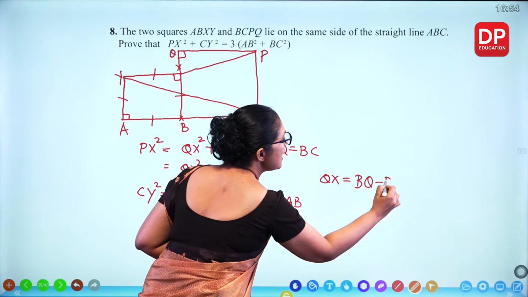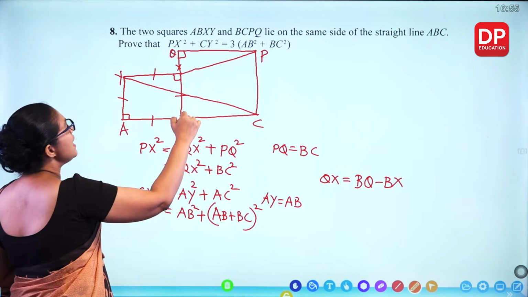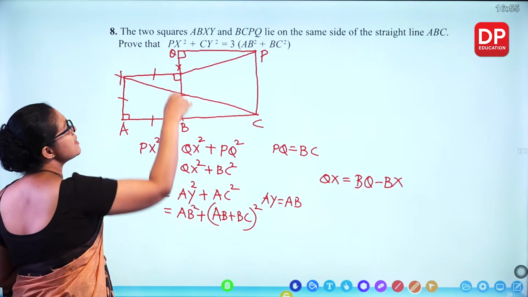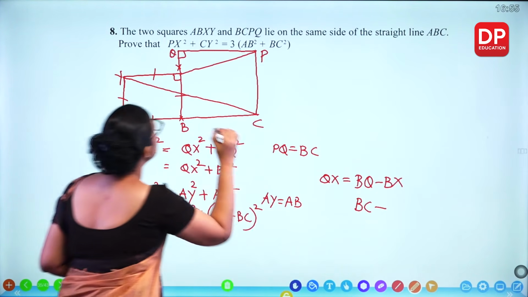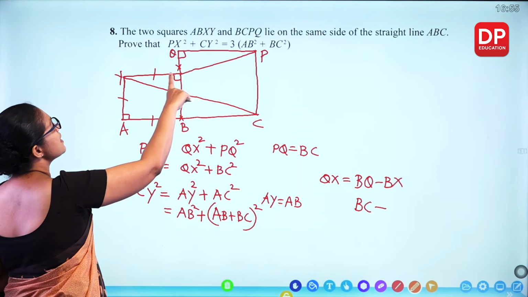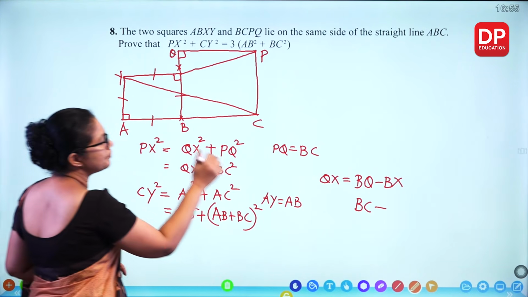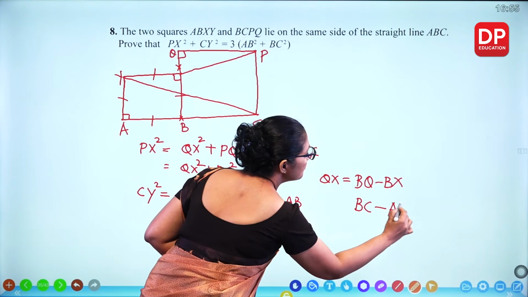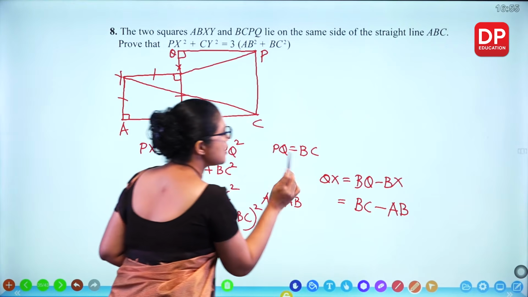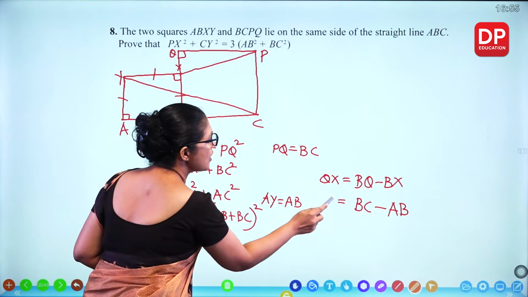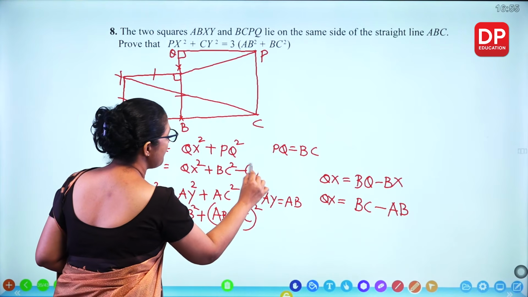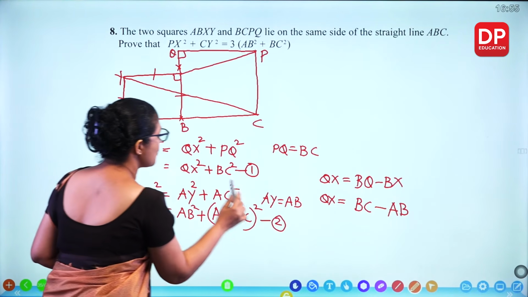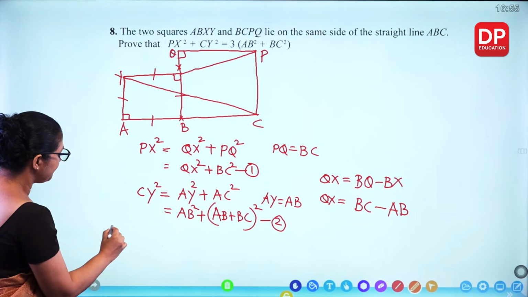I know BQ is same as BC. BX is same as AB. So I'm writing in terms of BC and AB. So QX is this. So I'm taking the first one and substitute.